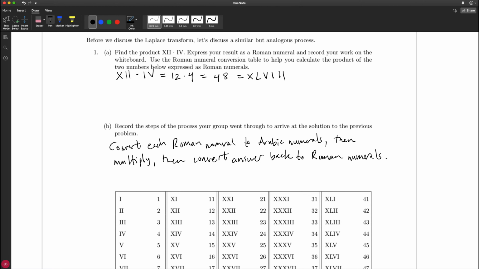This is exactly the process that the Laplace transform is going to take. We're going to start with a problem that is a differential equation, so let's pretend that's analogous to our Roman numerals. We use something called the Laplace transform to convert it to an algebraic equation, which is played by Arabic numerals here.